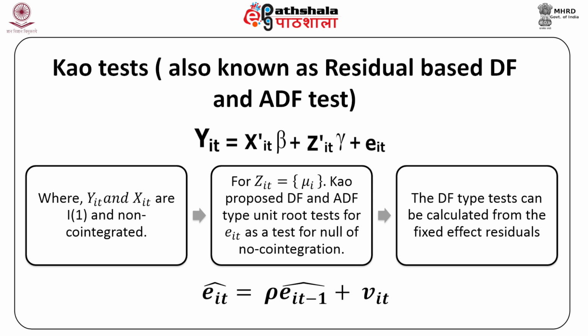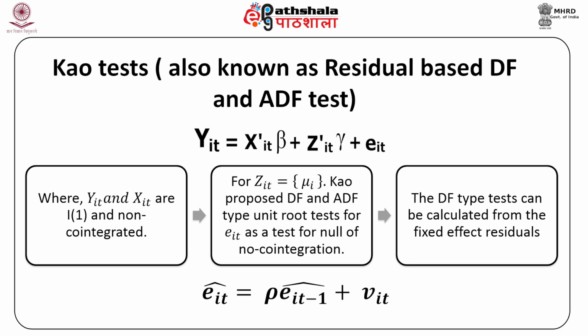The Dickey-Fuller type test can be calculated from the fixed effect residuals: ê_it = ρ ê_i,t-1 + v_it, where ê_it = Ỹ_it − X̃_it β̂ and Ỹ_it = Y_it − Ȳ_i.